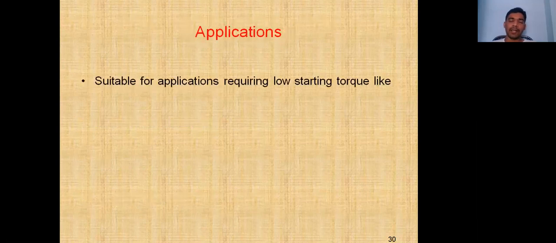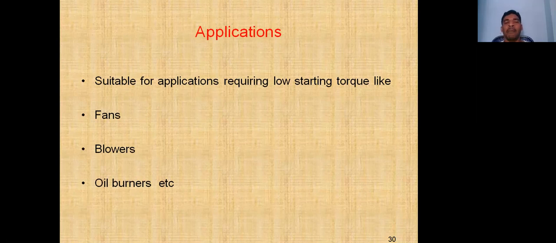Coming to the applications, it is suitable for applications requiring low starting torque like fans, blowers, oil burners, etc.